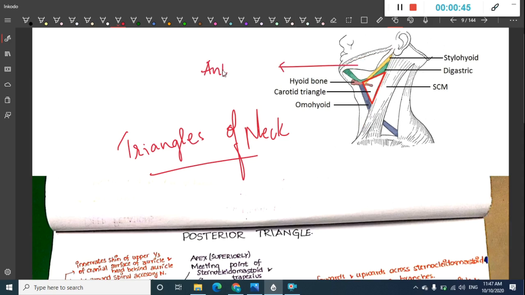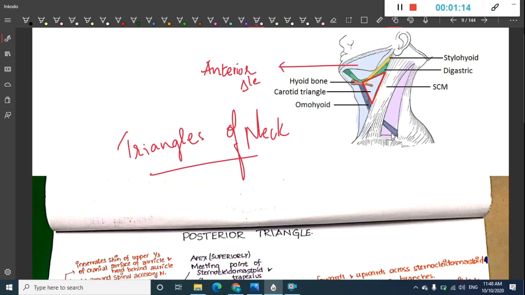This triangle which you are seeing here is bounded on either side by the sternocleidomastoid, above by the mandible, and below by the clavicle, and is called the anterior triangle.